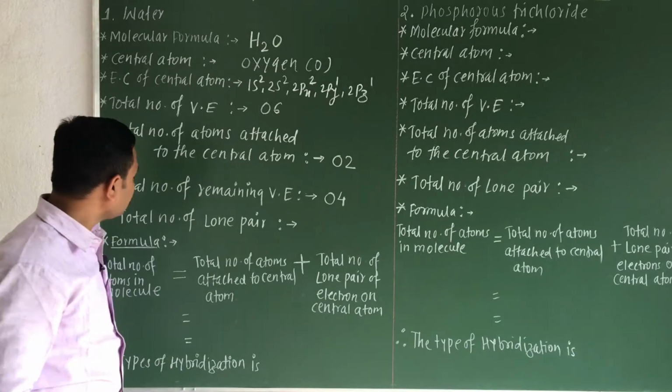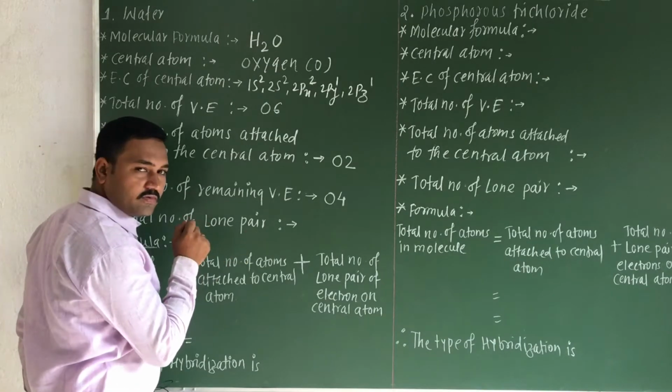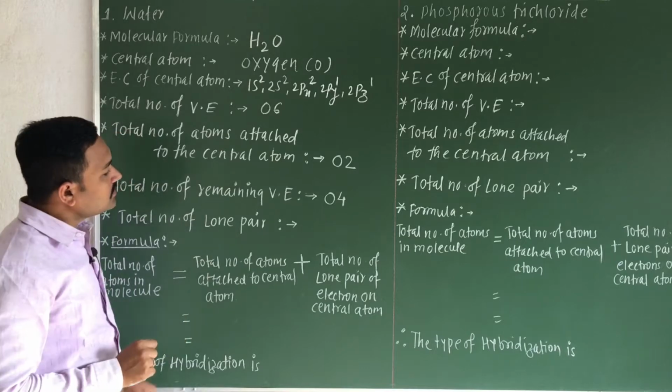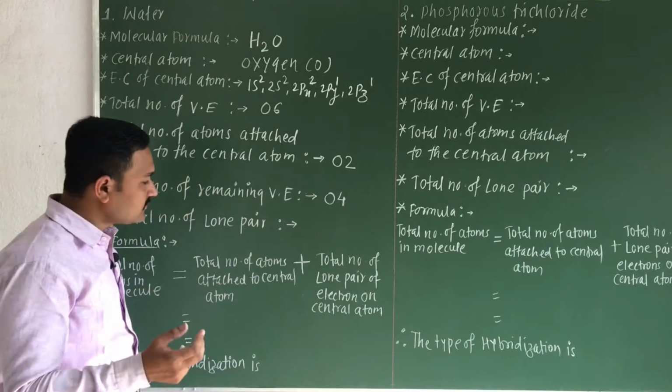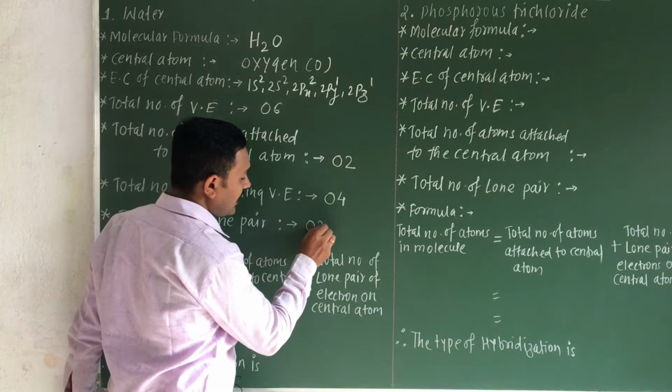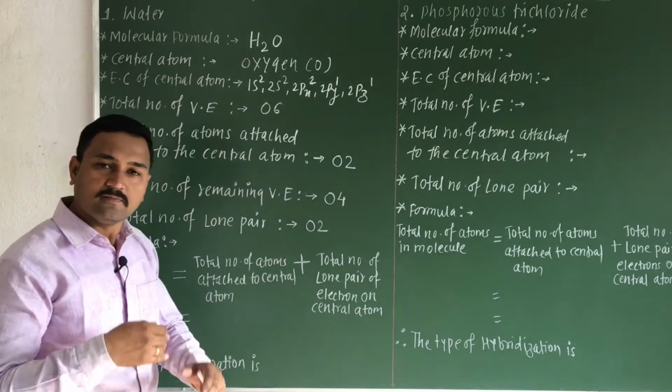Now, the total number of lone pairs of electrons on the central atom: there are 4 remaining valence electrons, hence the lone pairs will be 2, as one lone pair contains 2 electrons.